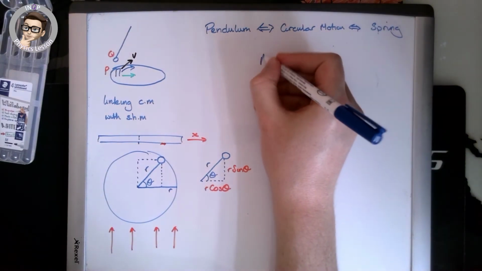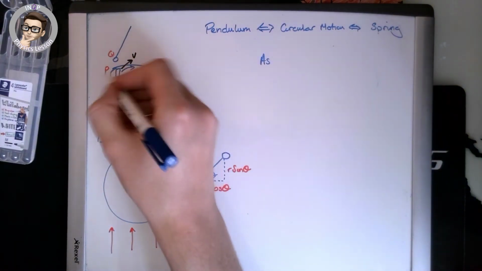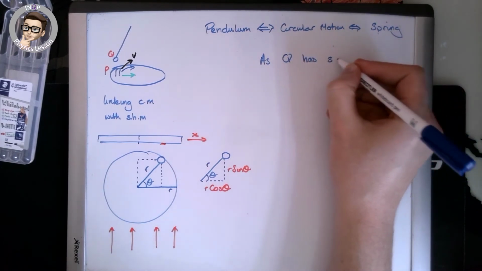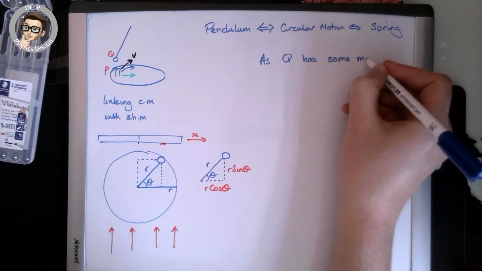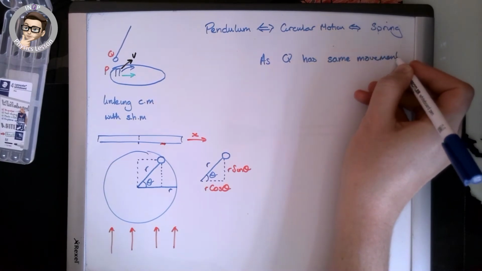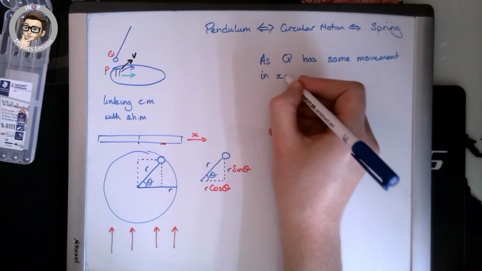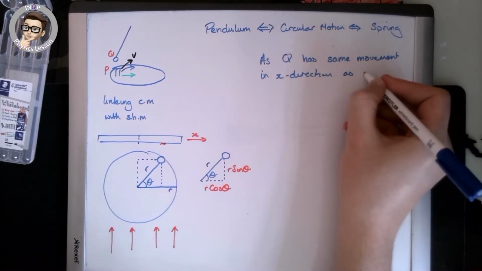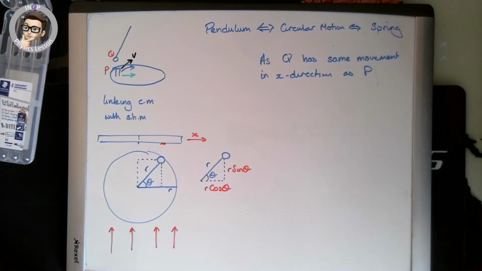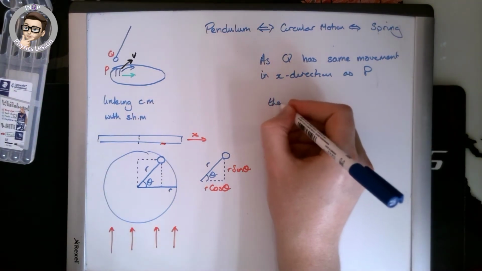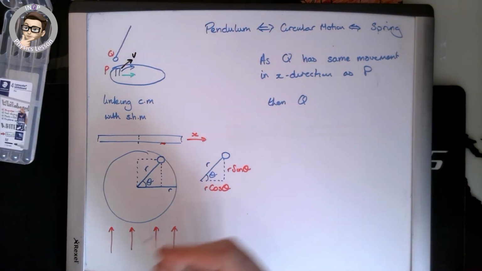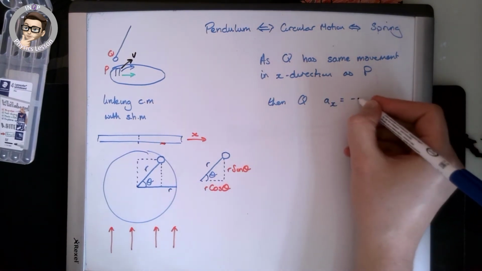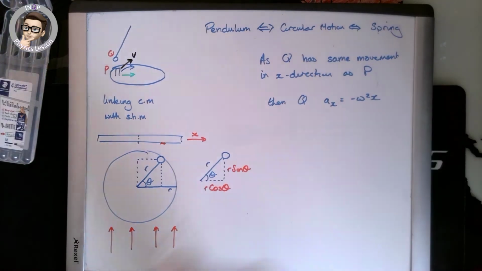As this pendulum bob Q has the same movement in the x direction as P, then we can also say that Q has an acceleration in the x direction of minus omega squared x.